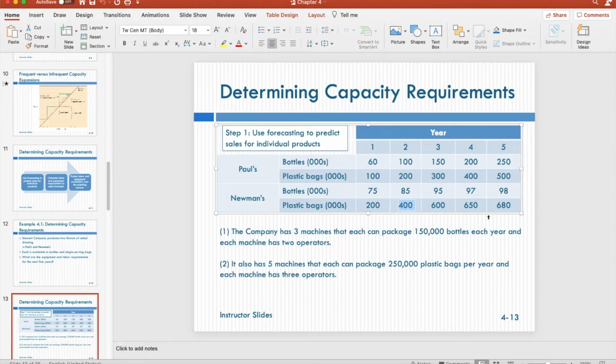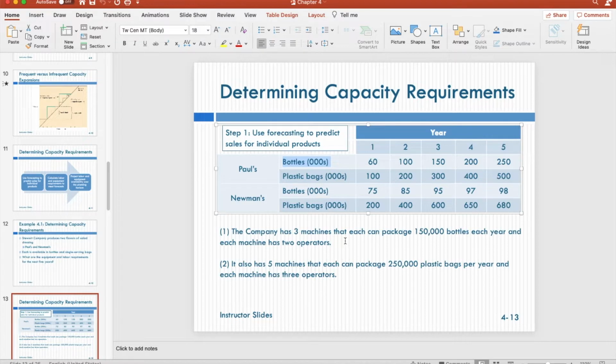So our question becomes: suppose this forecast is accurate, based on the capacity level that our firm currently has, can we successfully fit the market demand of those two different dressing flavors and for each type of format, no matter in bottles or in plastic bags? That's what we are trying to do in this example.